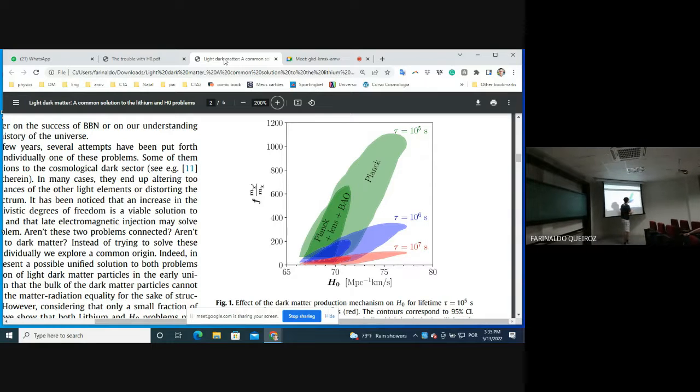So in this region, this fraction has to be in this space of parameters, all right? But for another lifetime it is here, and here it is more constrained, all right? So we can relate this and show that dark matter can change the value of H0.